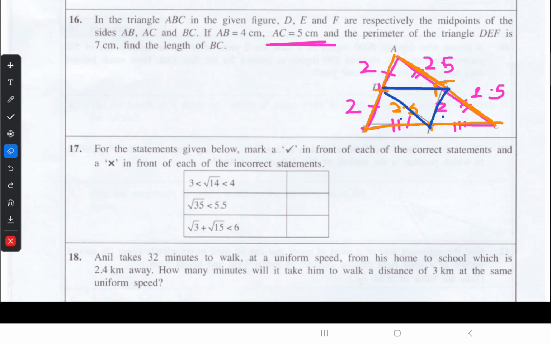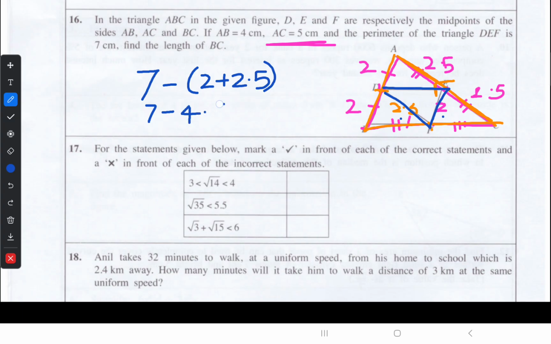From 7, we have to subtract 2 plus 2.5 because we know the interior triangle's perimeter is 7 centimeters. We know two sides' magnitudes, 2 and 2.5. From the 7, we have to subtract 4.5. That will give you 2.5 centimeters. This is the length of this DE side.